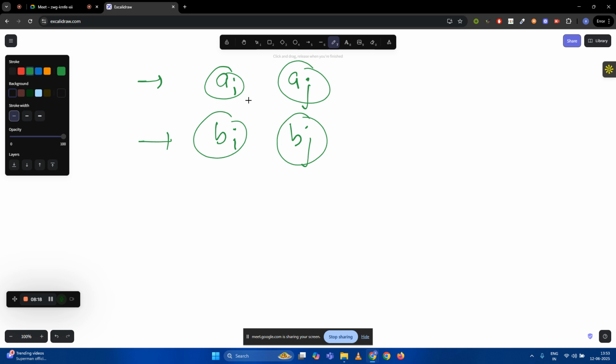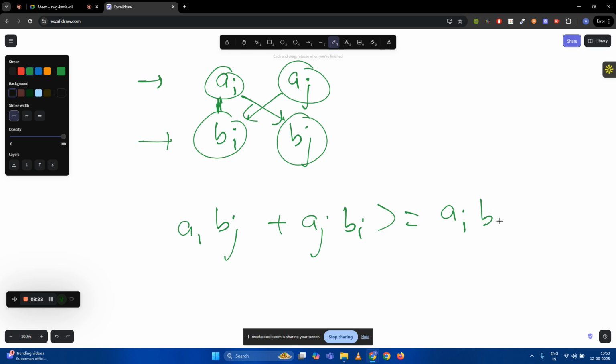Let's say multiplying this one and this one is giving you a larger value. So Ai Bj plus Aj Bi is giving you a larger value than Ai Bi and Aj Bj. Suppose this is giving a larger value.